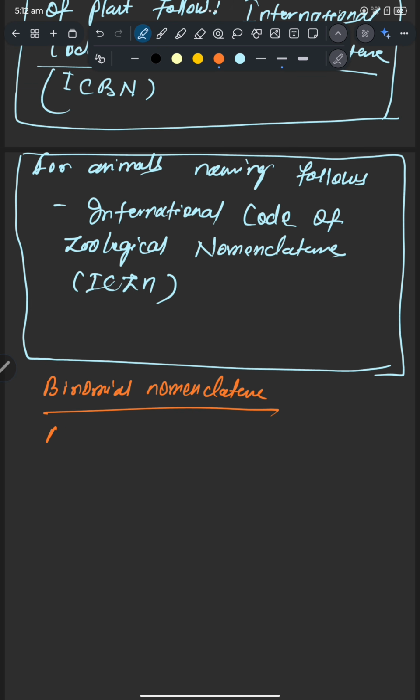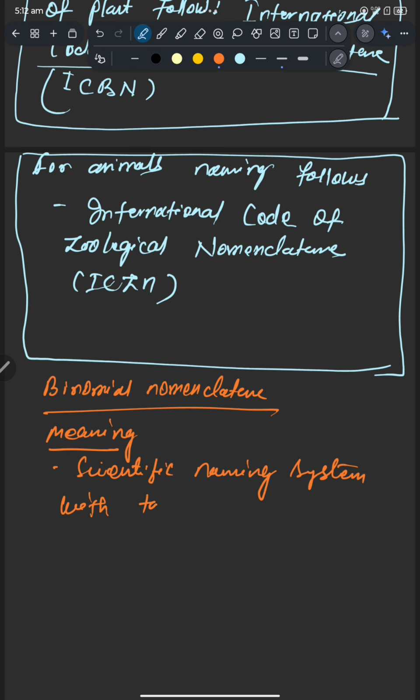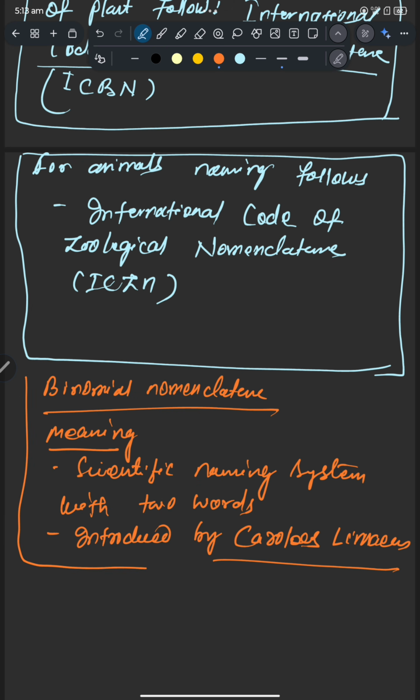Its meaning is scientific naming system with two words, and it was introduced by Carolus Linnaeus. Very, very important, children.